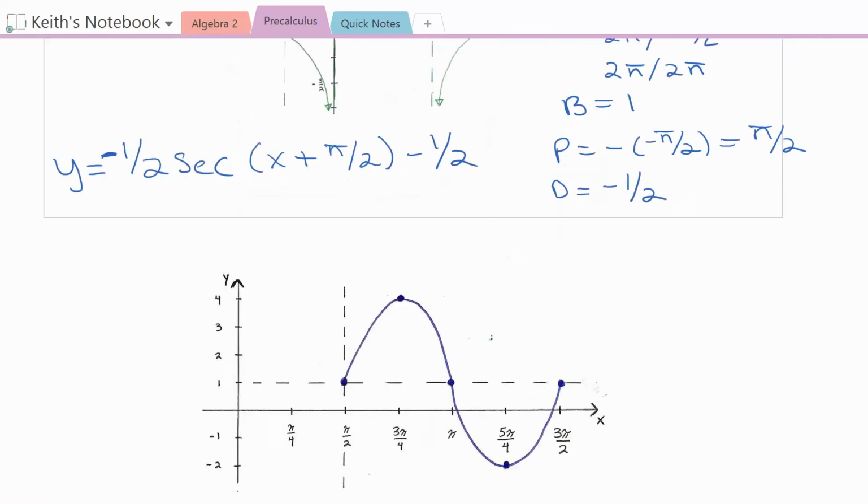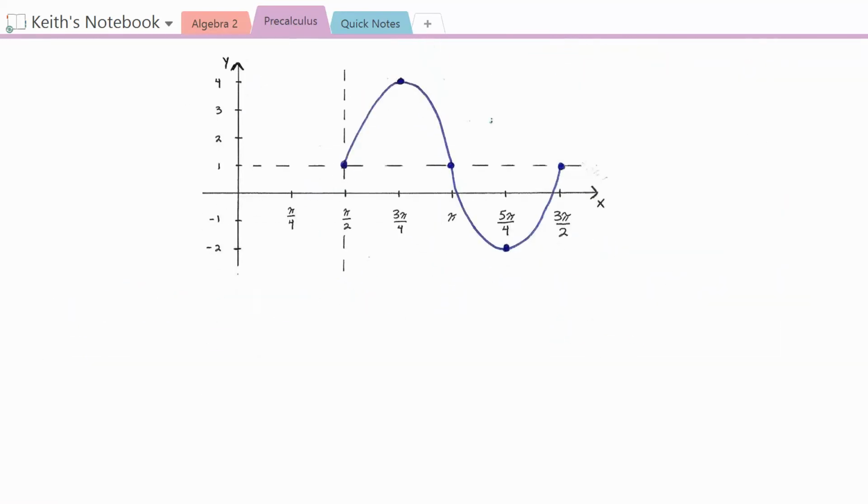This one's a little easier because this is either a sine or cosine curve. In this case, because it starts and goes up and then down and then back up again, this is a sine curve. So now we've got to fill in what the shifts are.